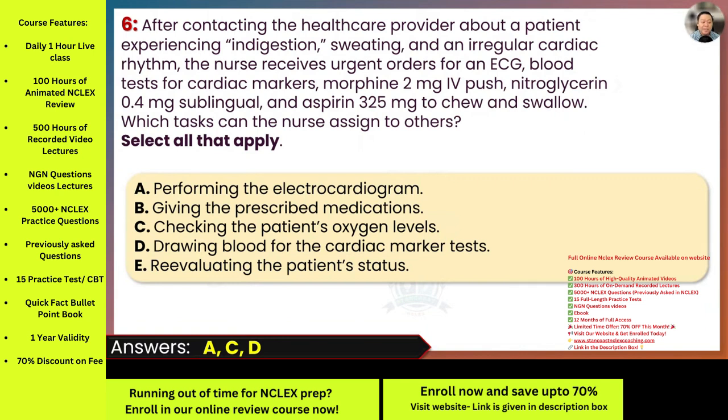What about letter E? Why is this incorrect? Well, this involves reevaluating a patient, and this is an RN responsibility that requires clinical judgment. The patient's response to the treatment, let's say pain relief, improved heart rhythm, or worsening of symptoms, requires RN skill.